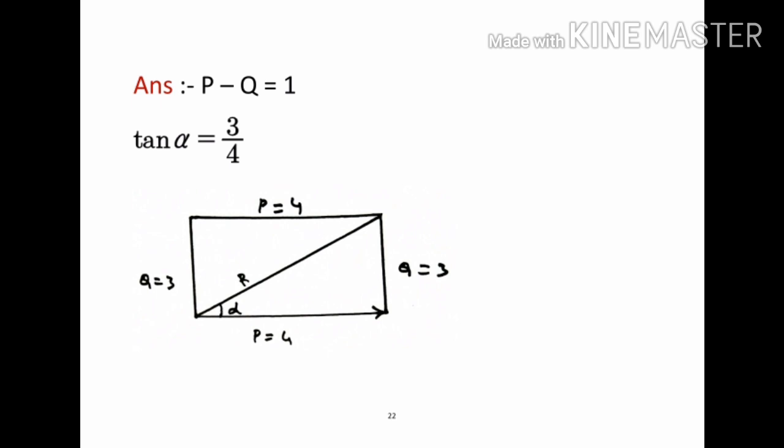And from that we can find out tan alpha. That tan alpha is equal to 3 by 4. And the difference between the magnitudes of the two vectors, from the diagram, we can get p minus q is equal to 1. So both conditions, that is p minus q is equal to 1, tan alpha is equal to 3 by 4, are satisfied from that diagram.